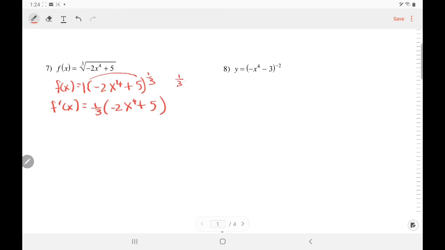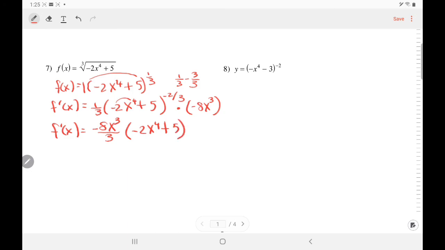So 1/3 minus 3/3, that's negative 2/3. Now multiply by the derivative of the inner function. That's negative 8x cubed. The derivative of 5 is 0. So simplifying, we could actually leave it this way, but if you want, you could put negative 8x cubed over 3 because of the 1/3, and then (negative 2x to the fourth plus 5).